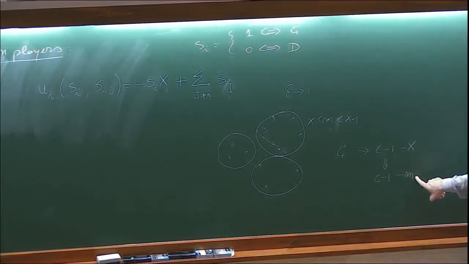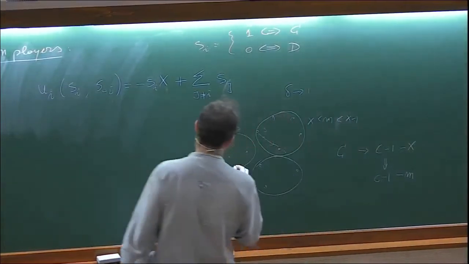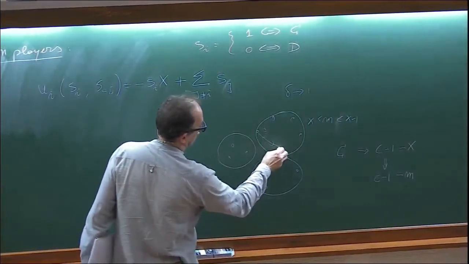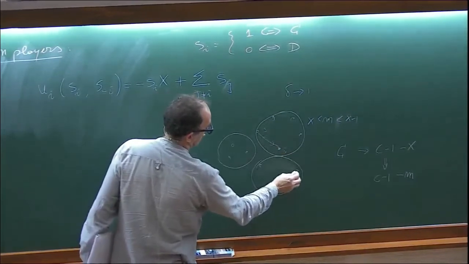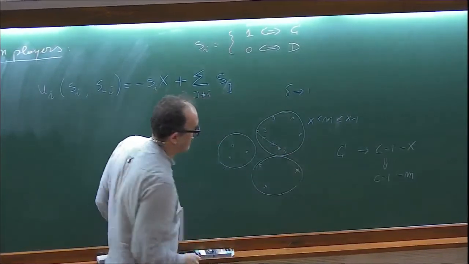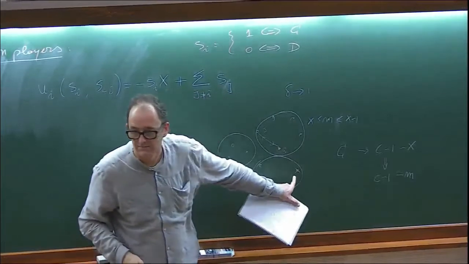So, but M, the number of people that he controls, should not be very large, because it's not credible that this M be very large. So you get this by thinking, well, imagine Mr. I is cooperating conditionally on these guys, and let's imagine that this guy defects, okay?